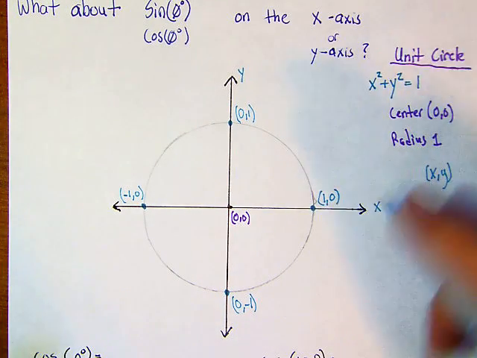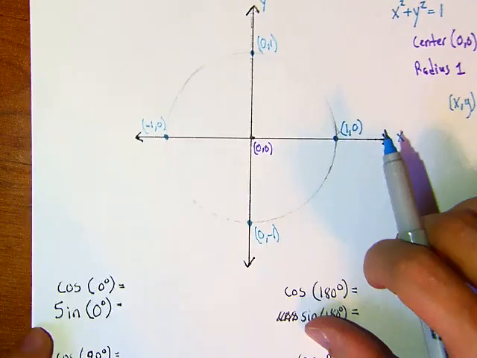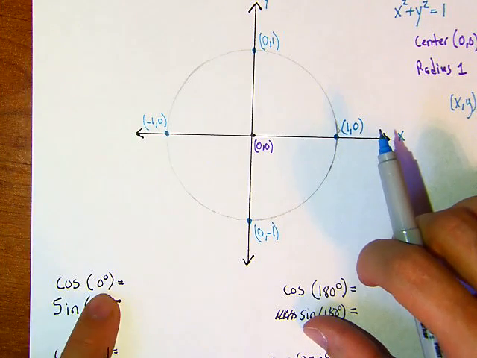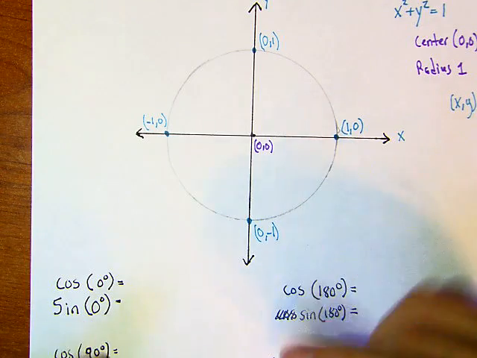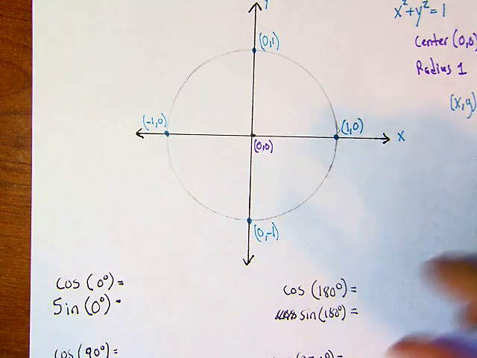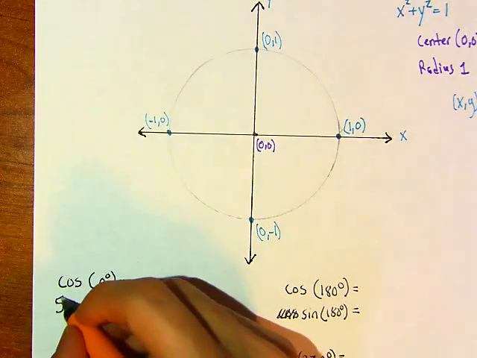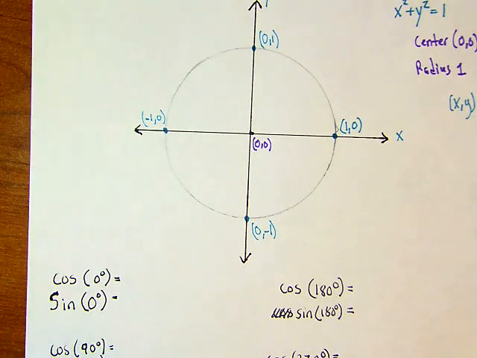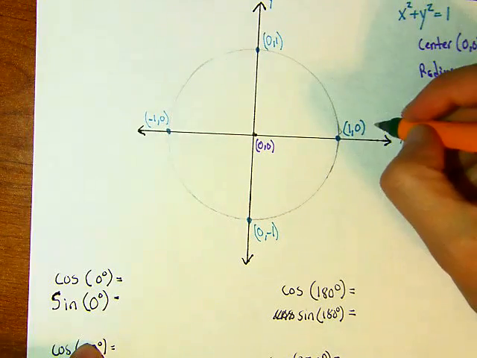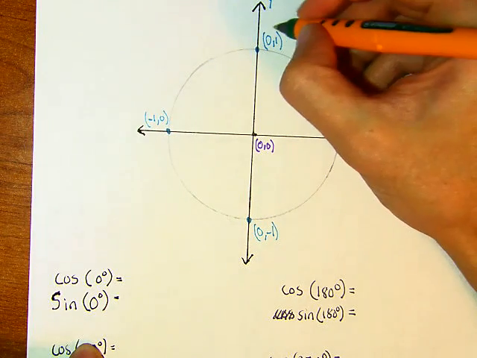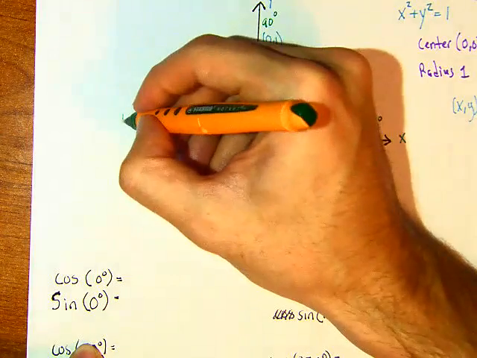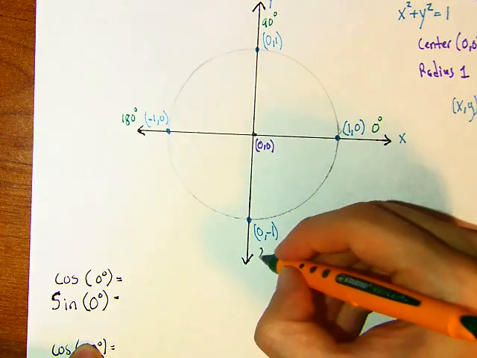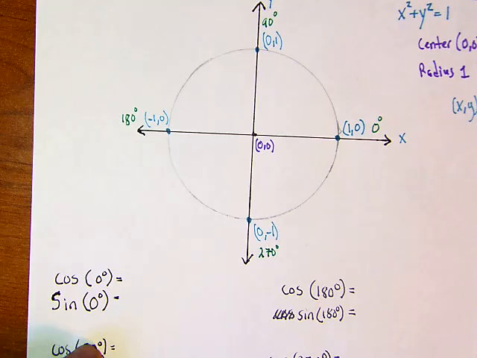All right. So here, if I ask what's cosine of 0 degrees and sine of 0 degrees, I don't know why my sine looks like a 5, but let me fix that. This should look like an S, right? Okay. Remember, where are the angles? If this is 0 degrees, and this is 90 degrees, and this is 180 degrees, and this is 270 degrees, right?